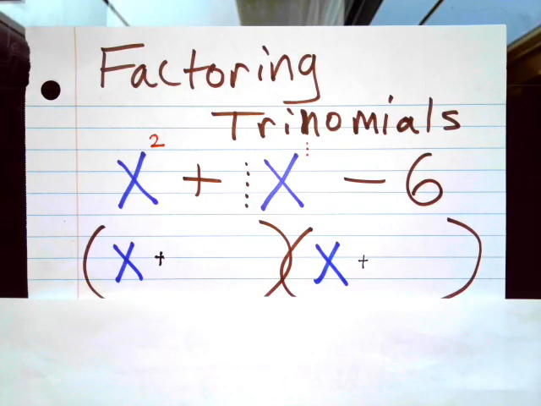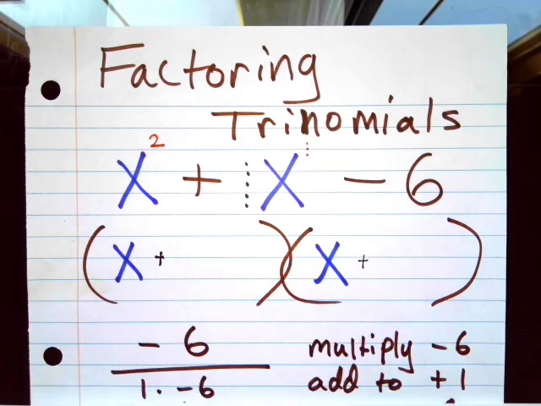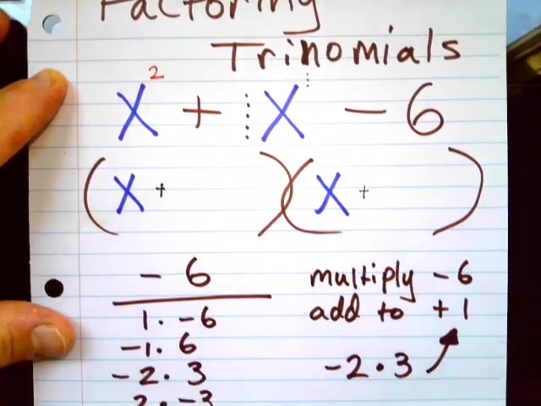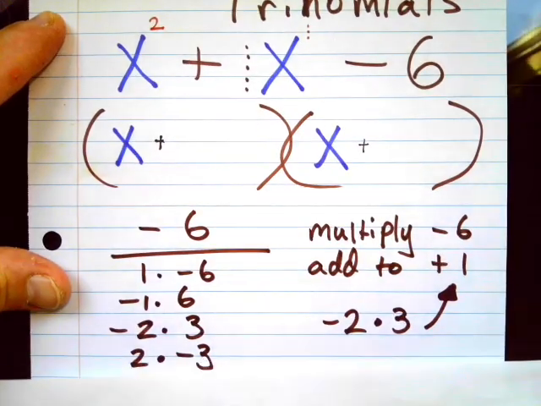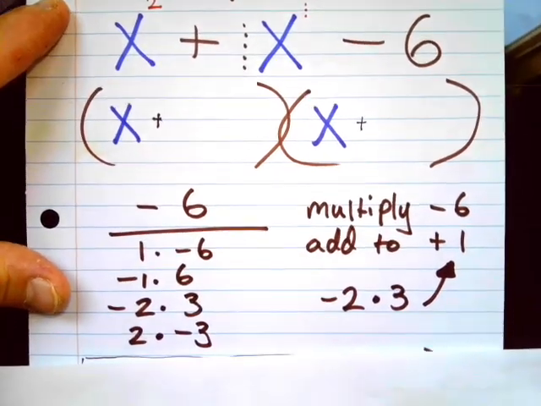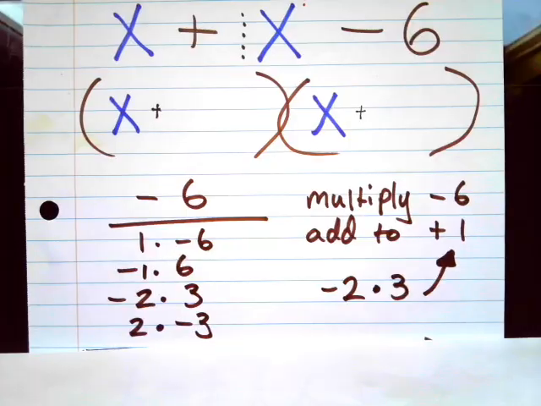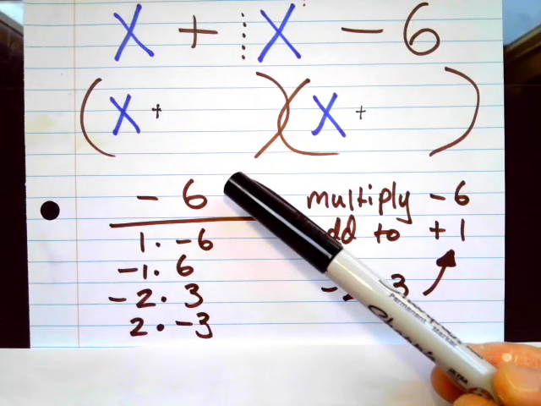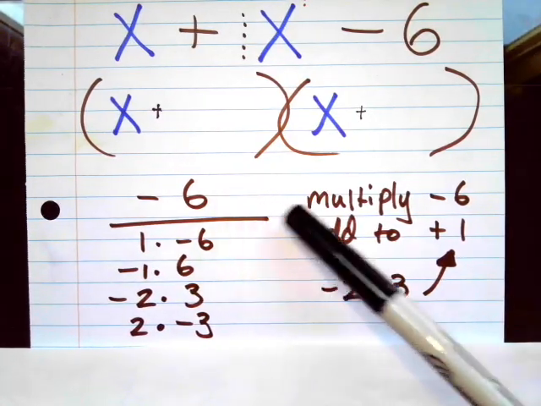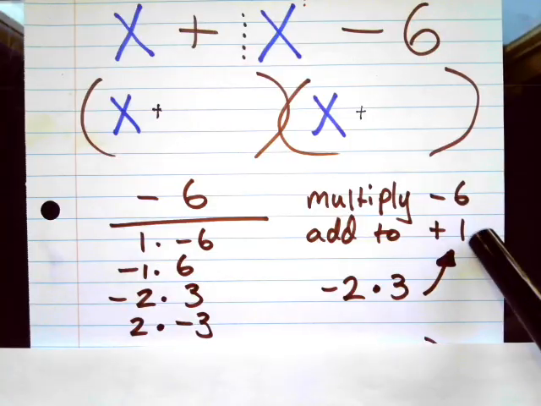Put them in here, perform FOIL, check my answer, and I know I factored correctly at that particular point. Let me just show you. I have a factor tree I've created to show me what two numbers will multiply to a negative 6 and then add up to a positive 1.